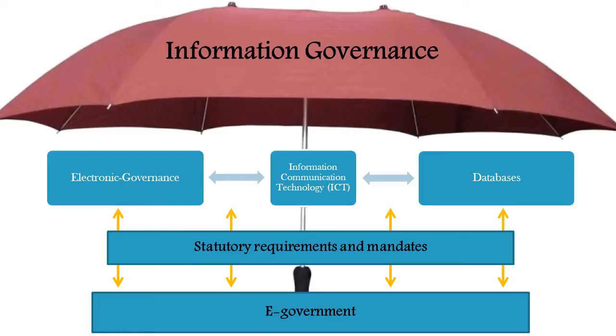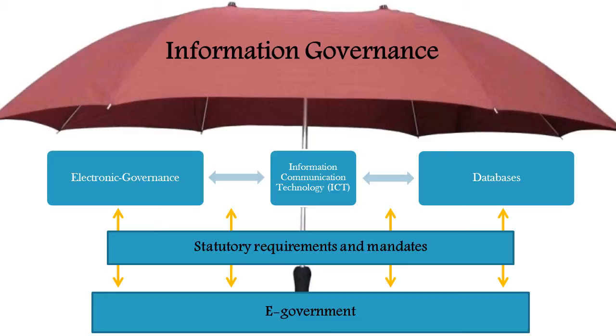And like I said earlier, we can't really put into context what e-governance is without looking at the overall information governance umbrella. You'll notice in my diagram here I have electronic governance, and then information communication technology, which is ICT, and the databases or the hubs that store the records.